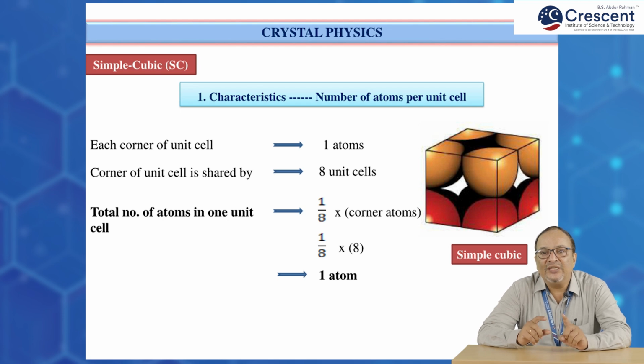So the volume present inside the unit cell is one atom divided by 8, because 8 unit cells share this particular atom. How do you calculate the total number of atoms within the unit cell? 1 by 8, the portion present inside, times the number of corner atoms, 8. So 1 by 8 into 8 is 1. The total number of atoms inside the unit cell is only 1.